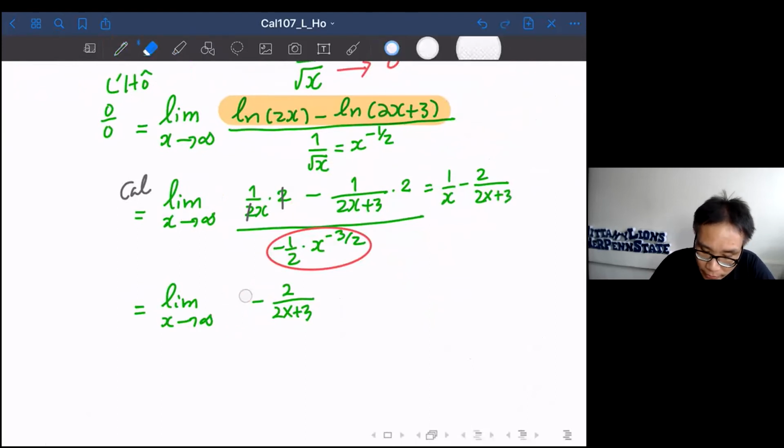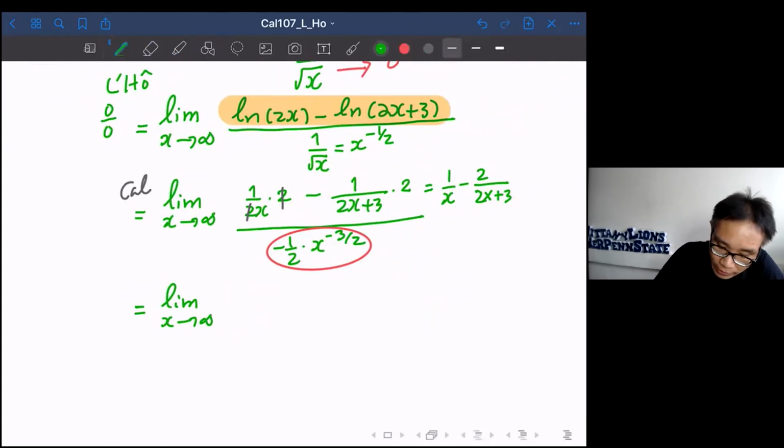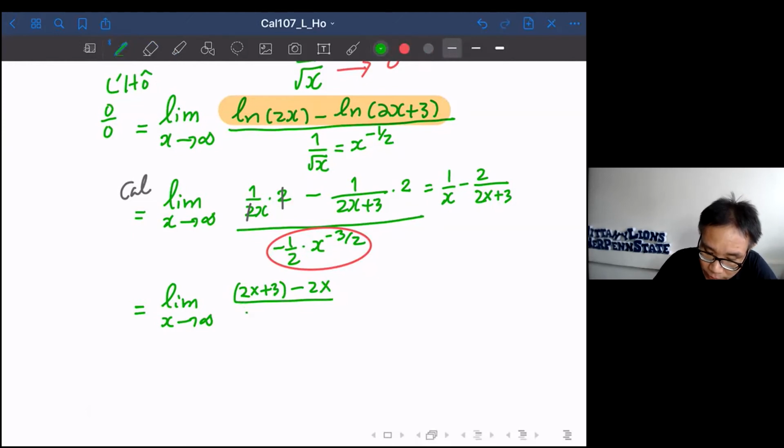In this case, you can combine this into 2x plus 3 minus 2x over x times 2x plus 3. And you have the red guy come up, so it's going to be negative 2x to the 3/2.